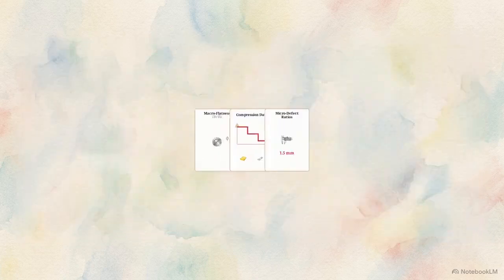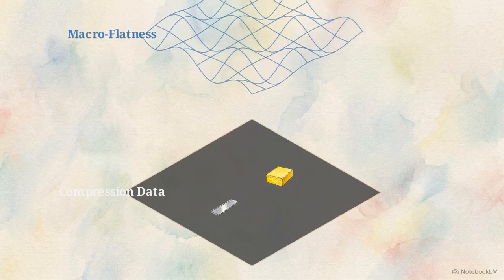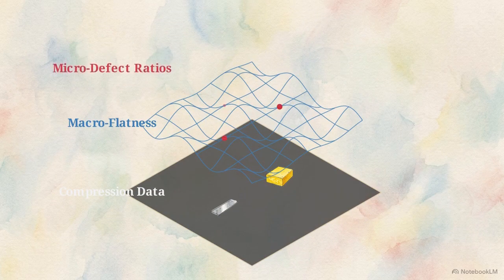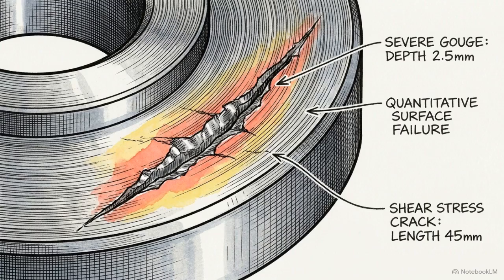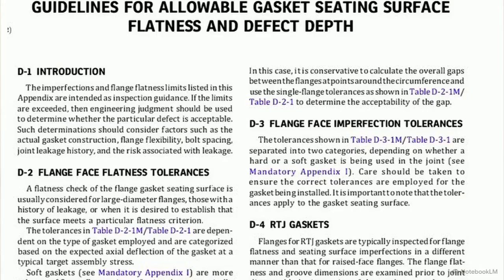Flange integrity requires layering macro flatness limits over specific material compression data and mapping those against precise micro defect ratios. ASME PCC-1 provides the strict mathematical boundaries for safe, standardized operation across these variables. But an inspection will inevitably reveal damage that exceeds these quantitative tables. As the introduction to the standard explicitly states, exceeding these limits does not mandate immediate scrapping.